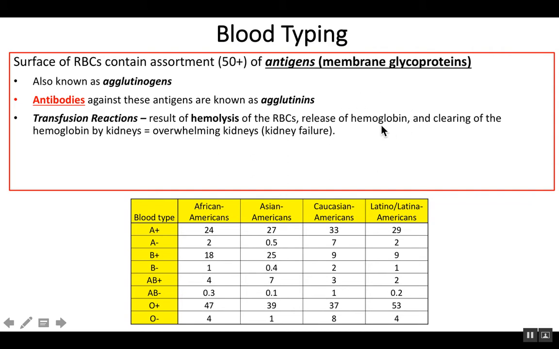This hemoglobin floods the bloodstream and must be cleared and removed by kidneys. The problem is this is a lot of protein for the kidneys to handle. This often will overwhelm the kidneys and lead to kidney failure. So improper blood transfusions are extremely dangerous for the survival of the patient.